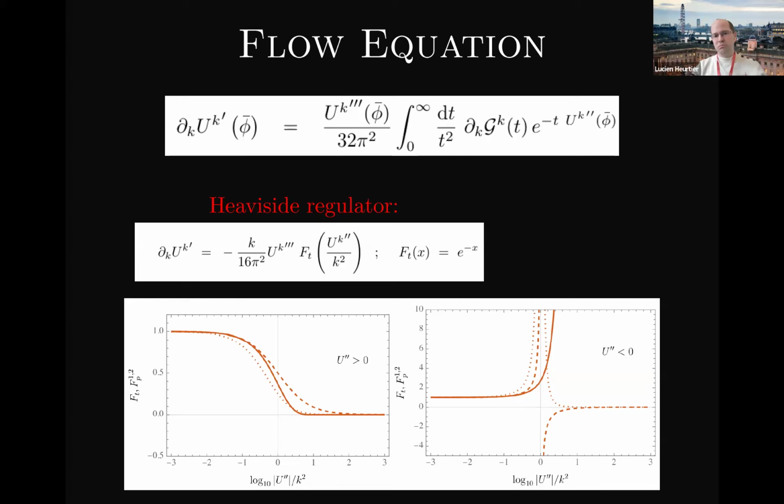Usually you see plots where the potential becomes just a little bit more convex, because at some point people hit a pole and you have to do extra work to go smoothly to convexity. In our case, we realized that you can cross this region without any problem due to the form of the flow equation, and that's a nice property of this flow equation, I believe.